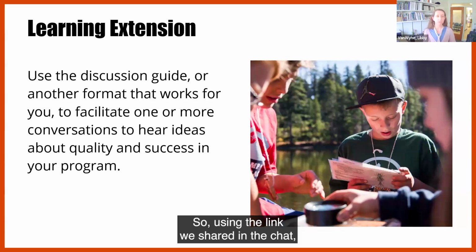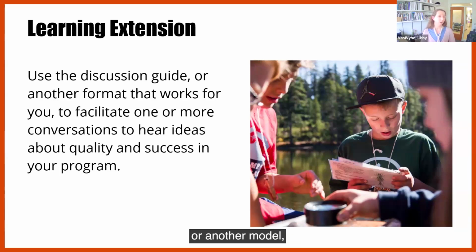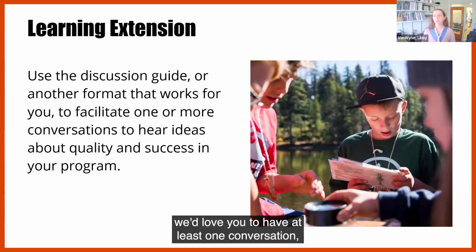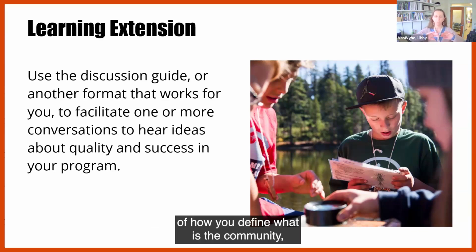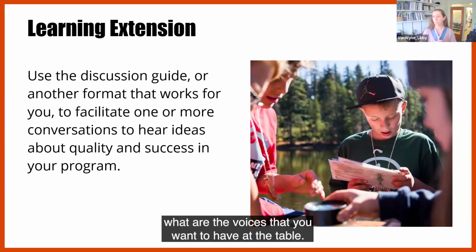So using the link we shared in the chat or another model, we'd love you to have at least one conversation or ideally more than one, to hear a variety of ideas about quality and success in your program. So you can start close to home and then continue to push your edges of how you define what is the community? What are the voices that you want to have at the table?